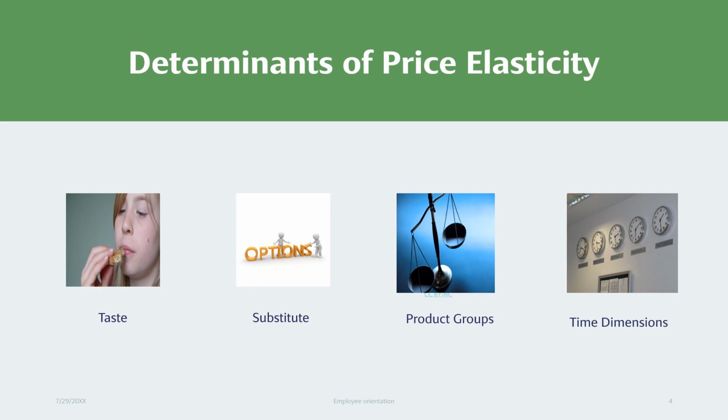Then comes the substitute. Substitute is basically when we have options or alternatives available for a product. So the demand shifts to the next best alternative. Suppose I use a particular cosmetic brand, and the price of that foundation goes really high.